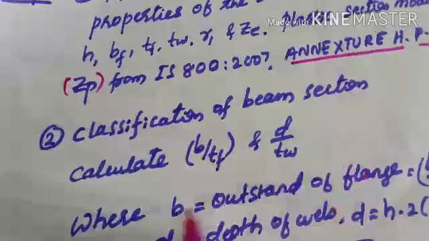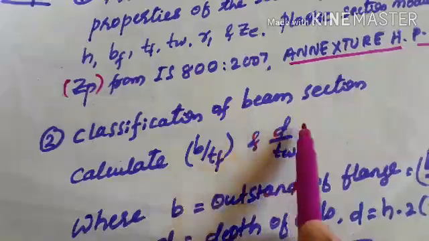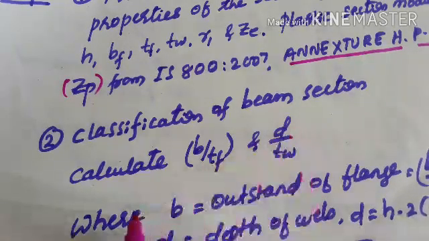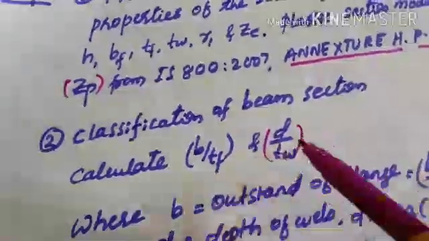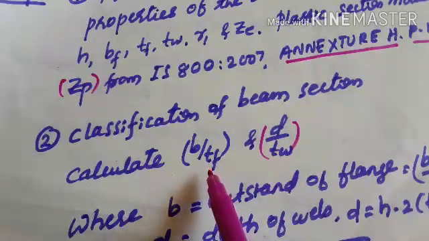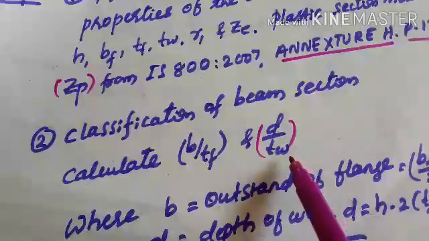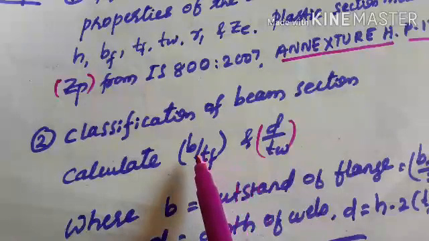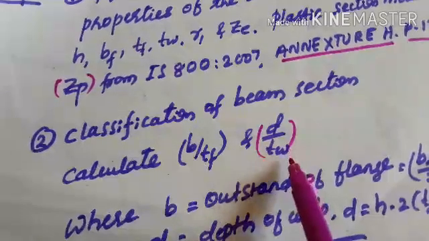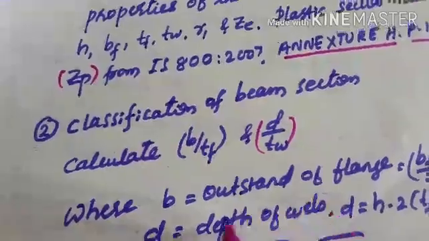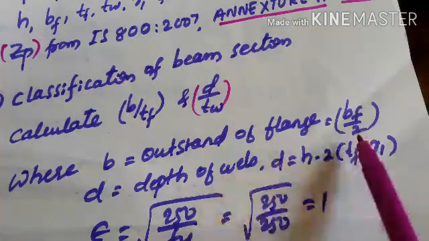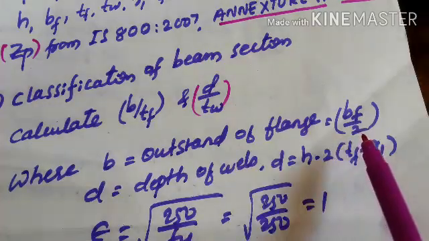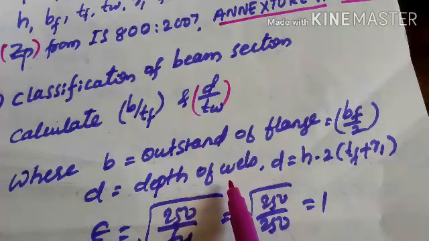Then the next step is the classification of section. For that you have to calculate two ratios: one for the flange element and the other for the web element, that is b by tf and d by tw, where b represents the outstand of flange, that is half of the flange width, and d represents the depth of the web.